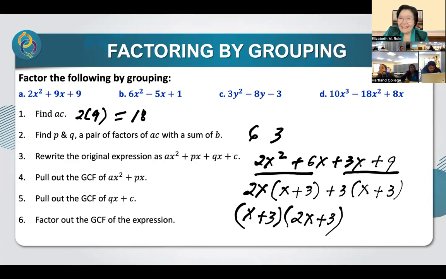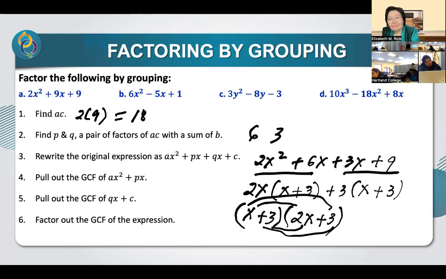Now you can check, you can do FOIL in order to check whether your final answer goes back to your original trinomial. So x times 2x is 2x squared, 3x plus 6x is 9x, 3 times 3 is 9, and we're there.